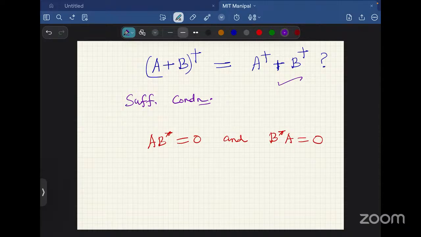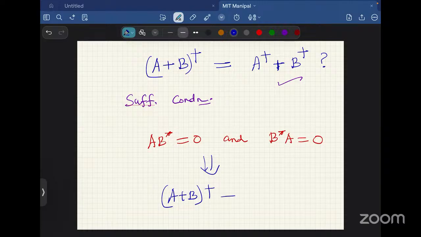So when we have these two conditions, remember the commutative property is not true in general for matrices. Therefore, we need two conditions. A B dagger is not necessarily the same as B dagger A. But if these two products are zero, then we can have this conclusion.